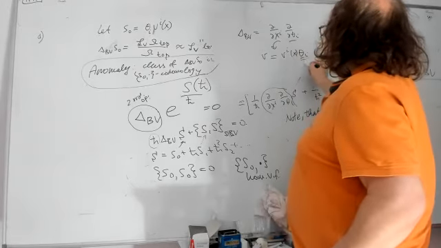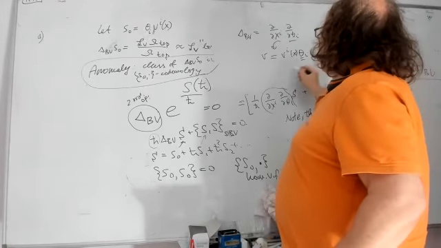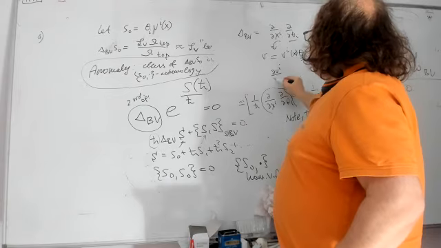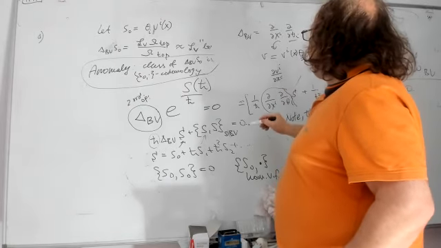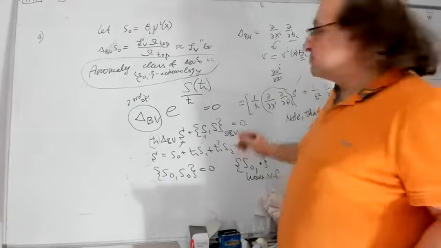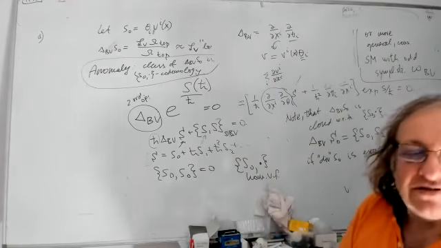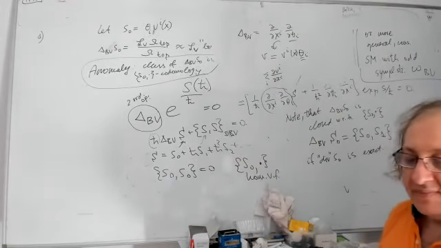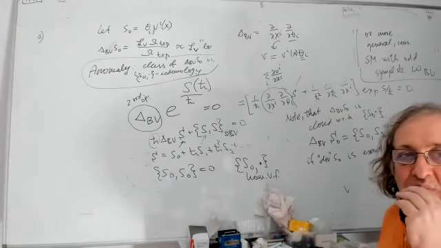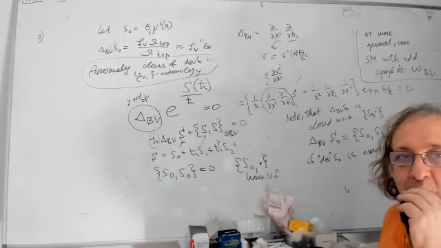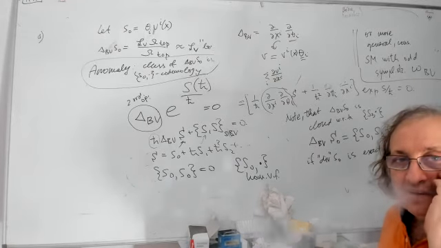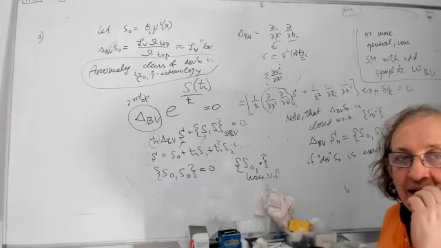This derivative kills theta and we will get dV i over dx i. And that's what people call divergence. Yes.